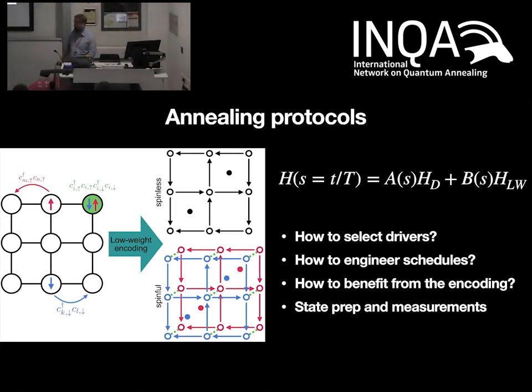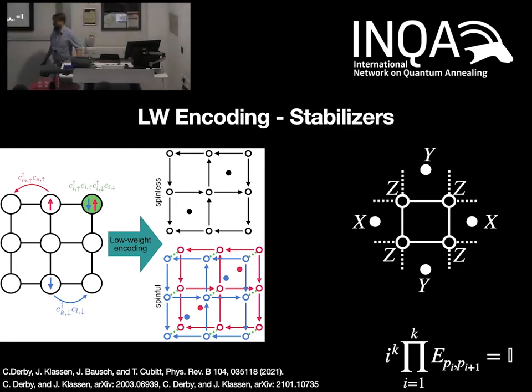Hang on a sec. Can you just, if i is your sum variable from 1 to k, what does it mean to have i to the k? Yes, that's a good question. So i to the k is a closed loop. If you select, let's say, this bracket, this is a closed loop, and the product of this edge times this edge times this edge times this edge will be identity.